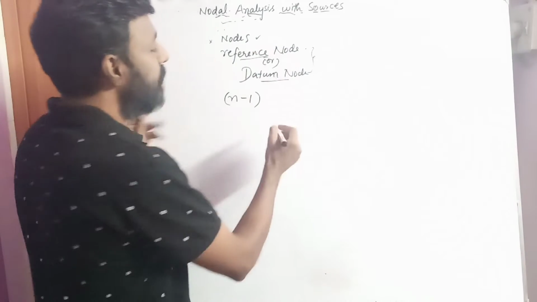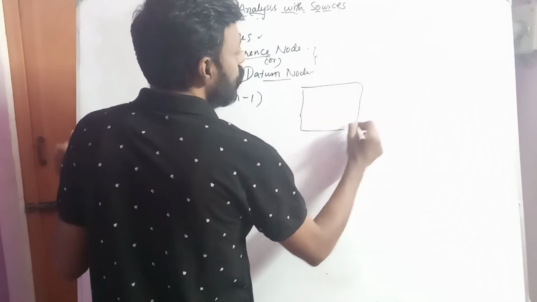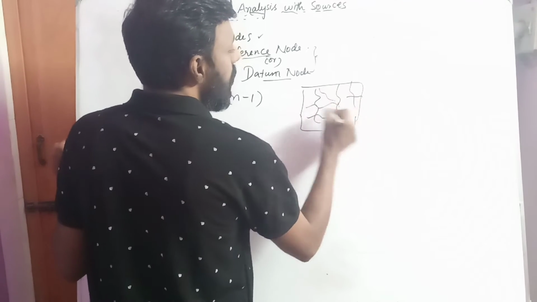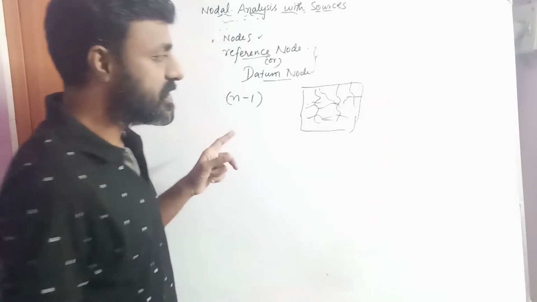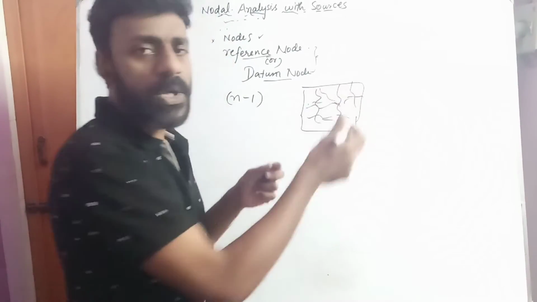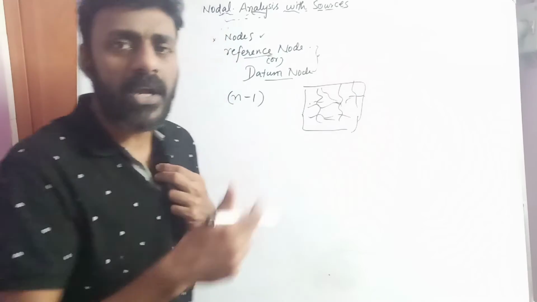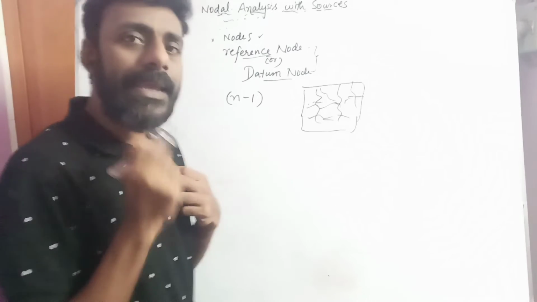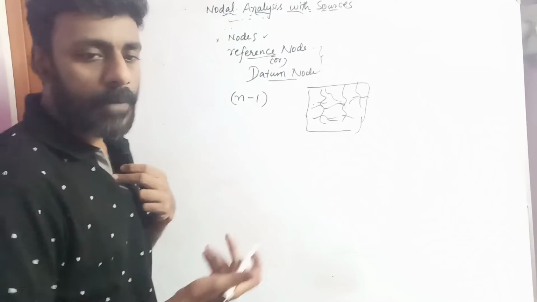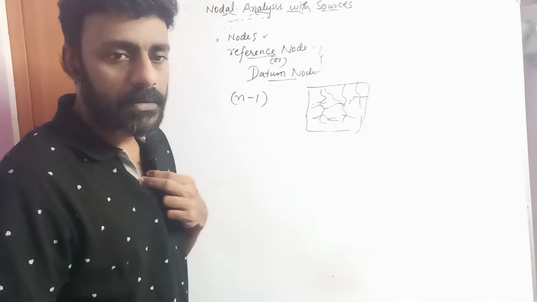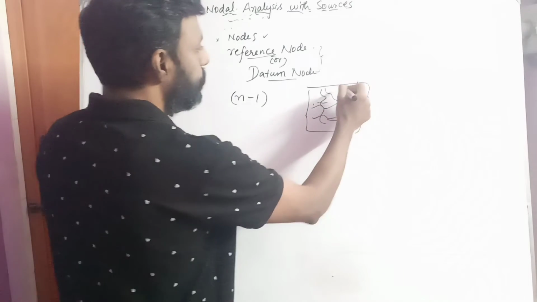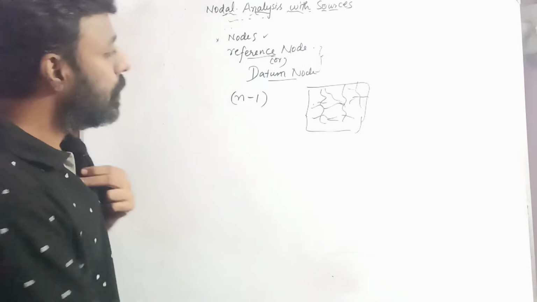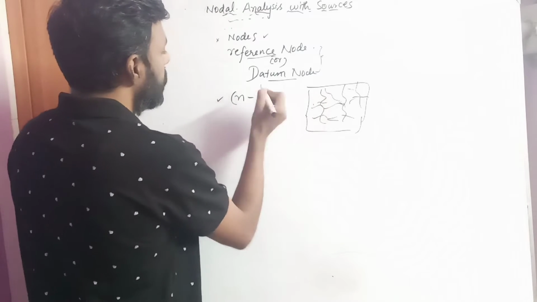For example, if you have an electrical circuit like this, with a lot of intermediate and independent networks, and you want to solve this very complicated network, you need to know how many equations you need to form.